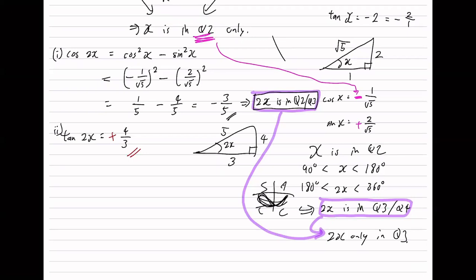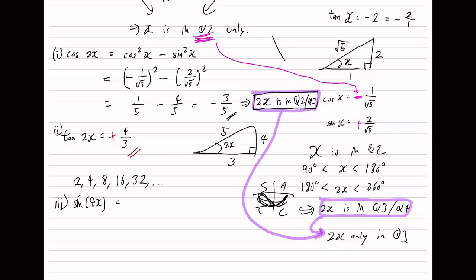Now moving on to the last part. Part 3. What's this guy? Sine of 4x. Whenever you see these numbers, 2, 4, 8, 16, 32, what are they?